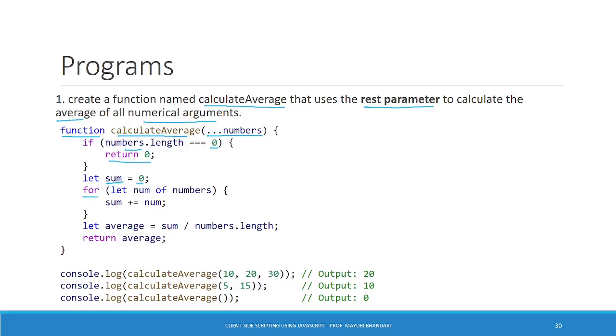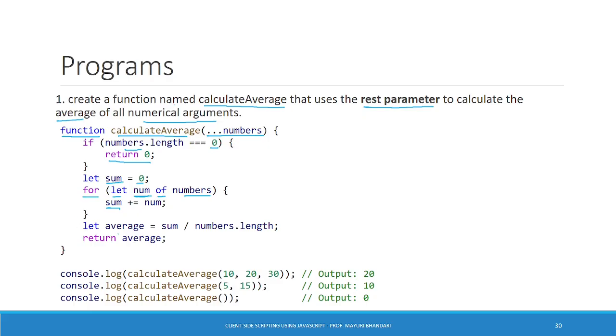Let num of numbers, where numbers is our rest parameter, and using for loop we are iterating over numbers. So in num we will get one by one value from that array, and we are adding this num every time to sum to get the sum of all the arguments.